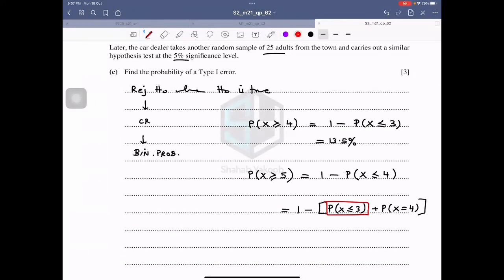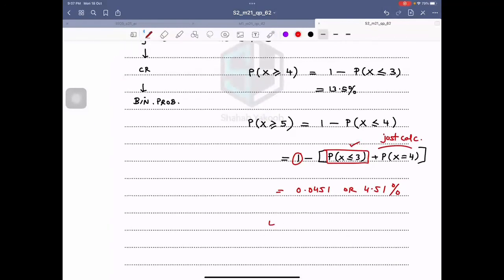So you already have the answer for this. Simply calculate this much. And then when you do the subtraction, this comes out to be 0.0451, which means 4.51%.